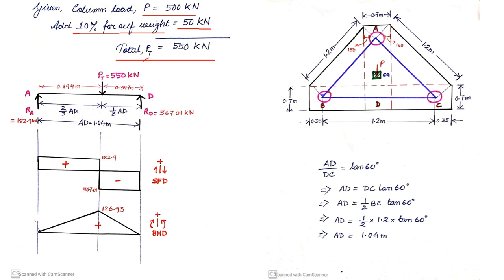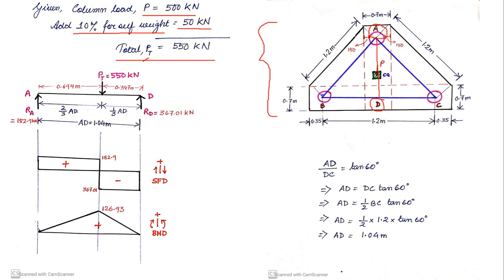If I look into the actual diagram, I consider a beam from point A to point D. Okay, so the beam will be starting from point A, it will pass through the column and it will reach point D, right?